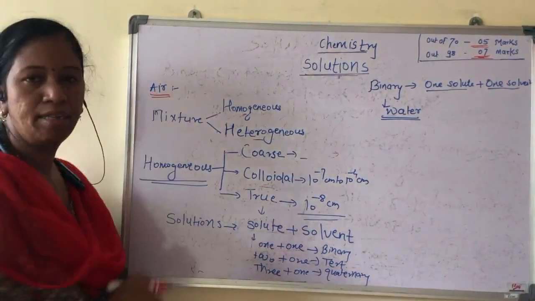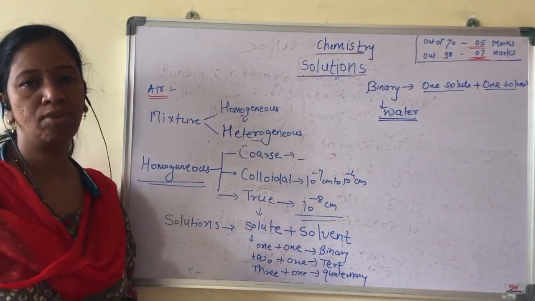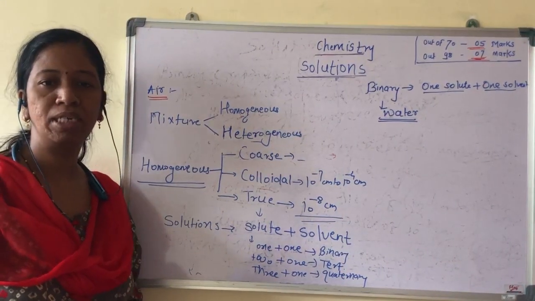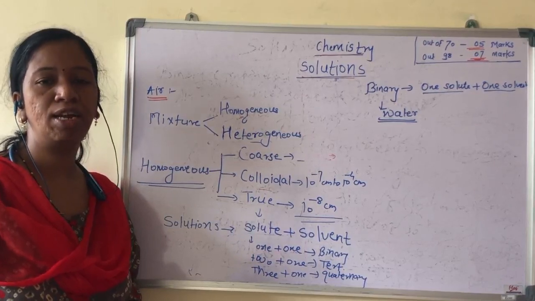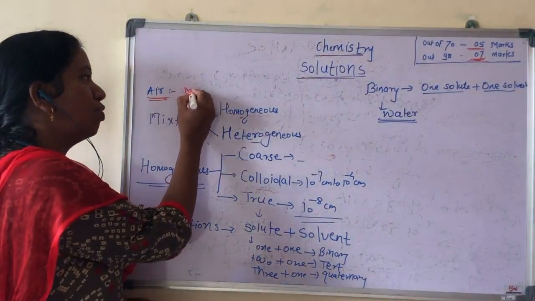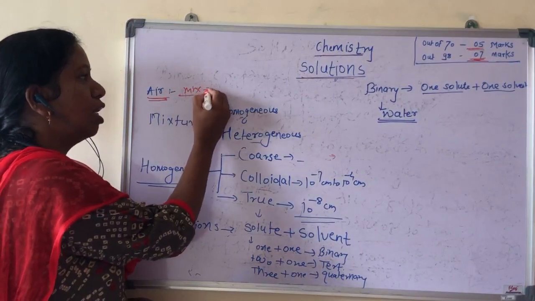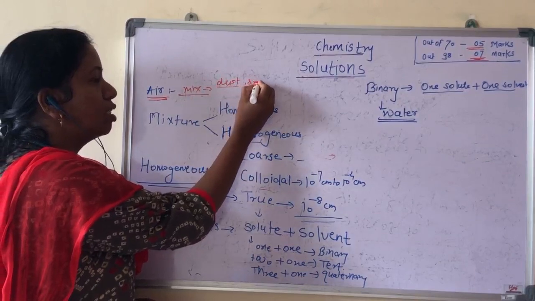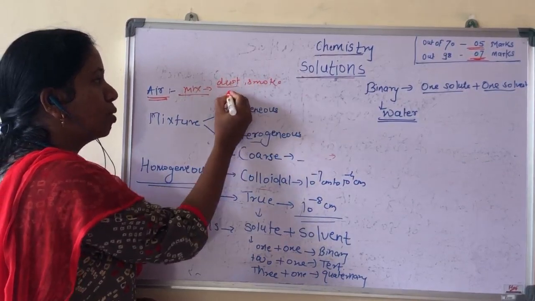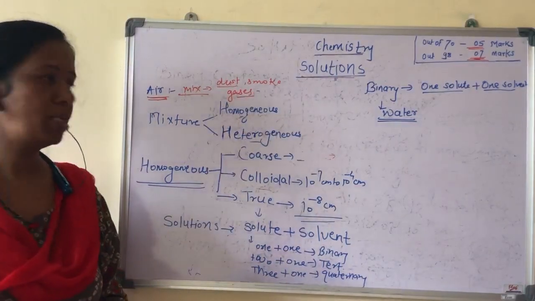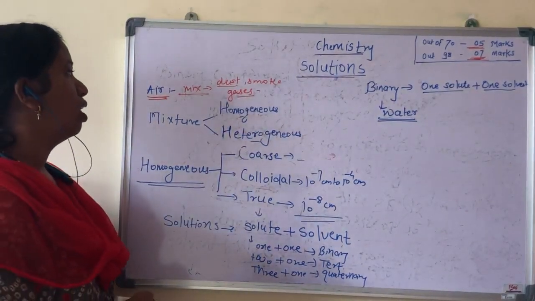Last year we learned about the mixture, and the example for the mixture in day-to-day life is the air, which is a mixture of different components like dust particles, smoke particles, different types of gases, and moisture.